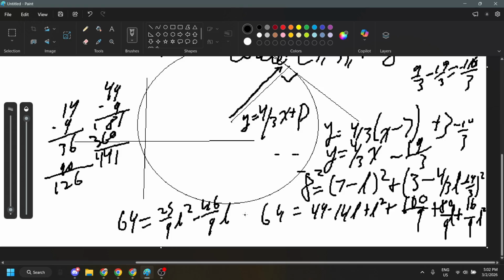Oh wait, never mind, I didn't add that. So that 441 plus 100 is 541 ninths.